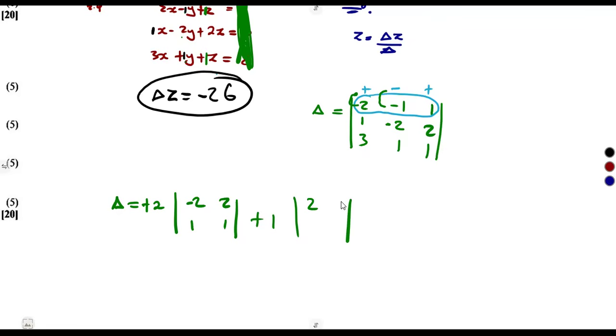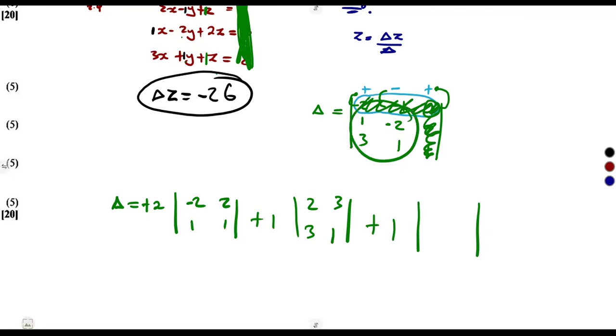So it was gonna be 1, 2, 3, and this one. To the 1 with a sign, it's a positive. So that's plus 1. Its determinant by closing the row where it is and also the column. This is what you're going to remain with: 1, minus 2, 3, and 1.